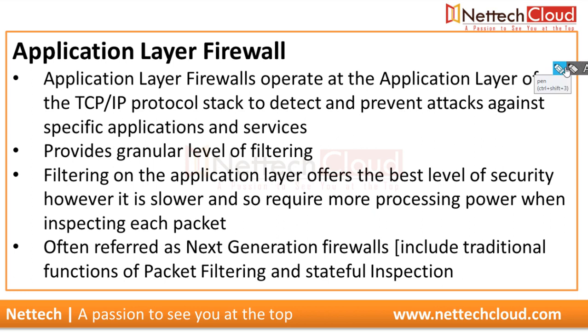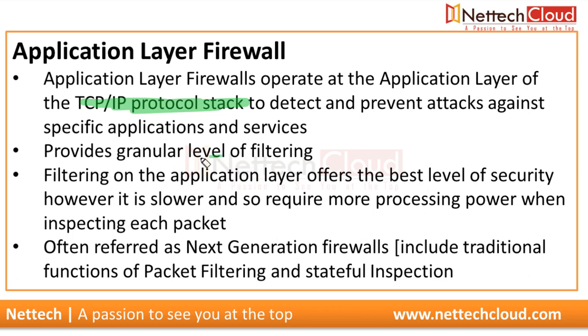And what about the application layer firewall then? Application layer firewalls operate at the application layer of the TCP/IP protocol stack to detect and prevent attacks against a specific application and services.